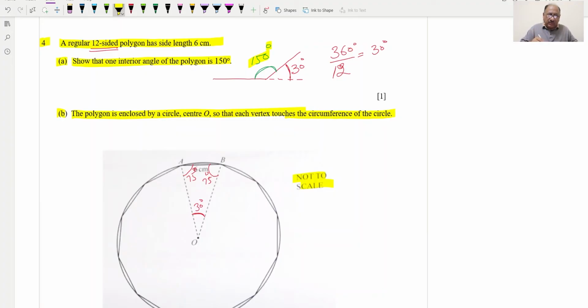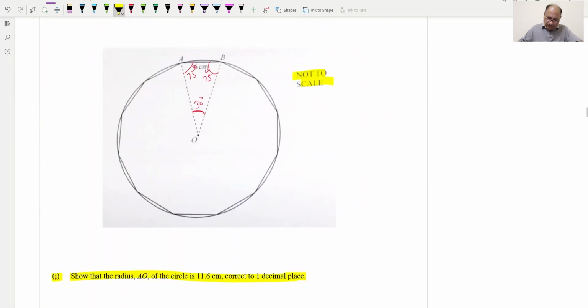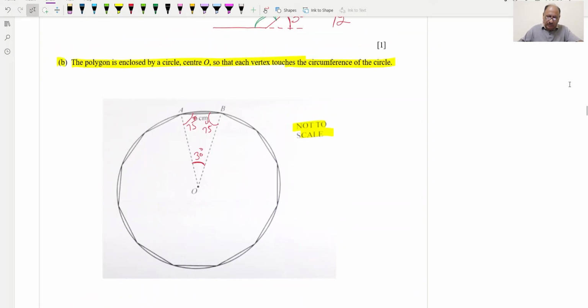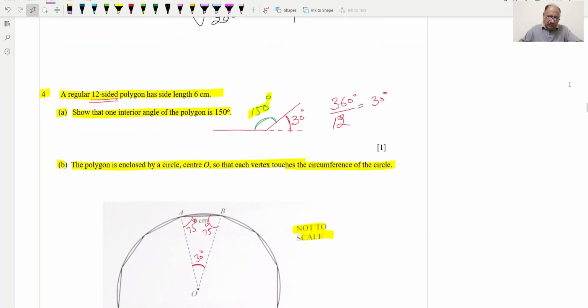Now we can consider, we know that the radius, show that the radius AO of the circle is 11.6. But we know that 6 centimeter is side length, which they have mentioned over here. This is 6 centimeter.